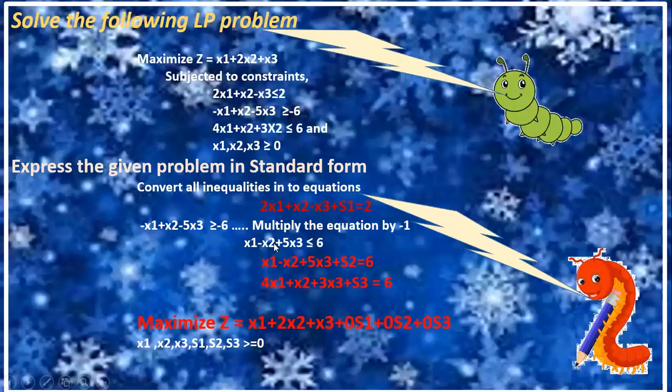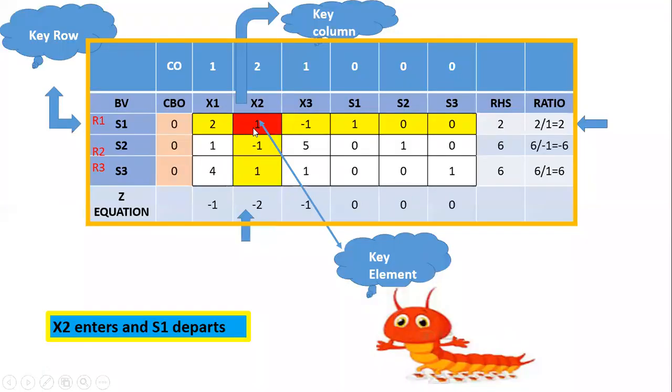Now consider the first equation. The coefficient of x1 is 2, x2 is 1, x3 is minus 1, s1 is 1. There is no s2 term and s3 term, so the coefficients are 0, and the constant is equal to 2. So write the respective coefficients in the first row and write the constant value.